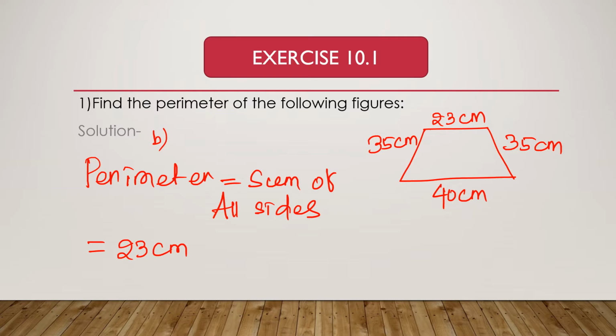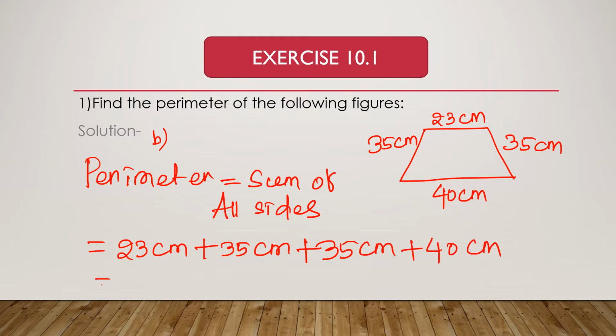So 23 centimeter plus 35 centimeter plus 35 centimeter, then 40 centimeter. So 3 plus 5 is 8, 8 plus 5 is 13, 13, 3, 6, 9, 13. So 133 centimeter. So perimeter of this given figure is 133 centimeter.